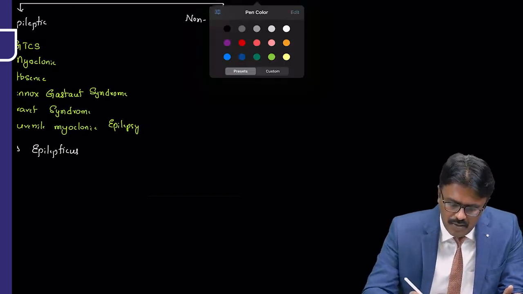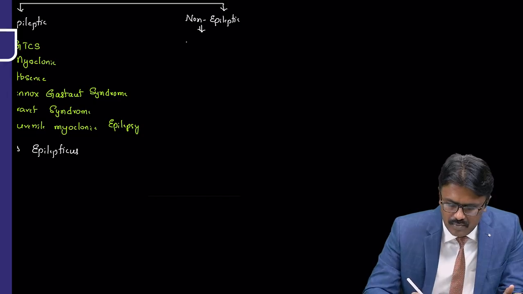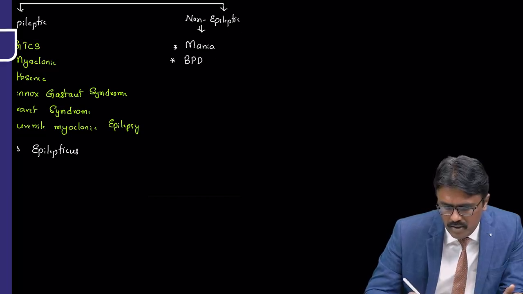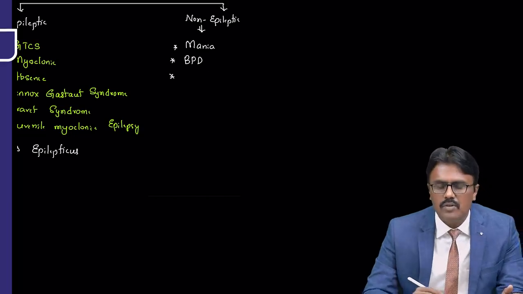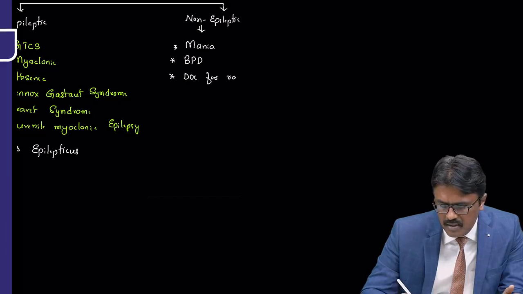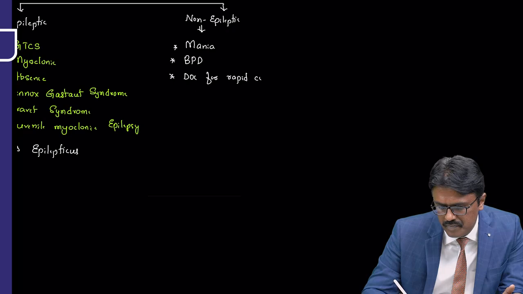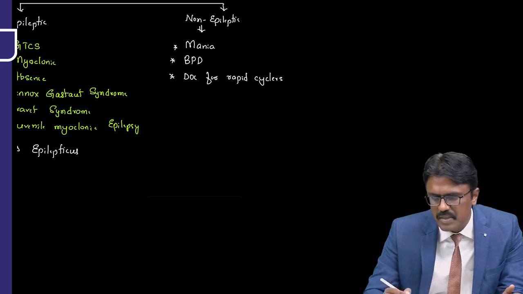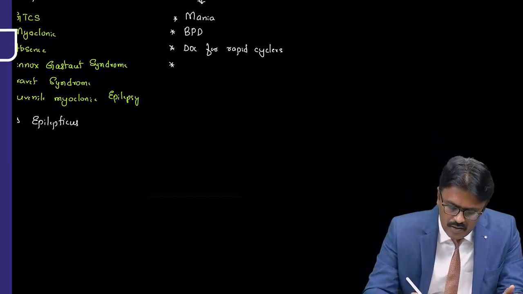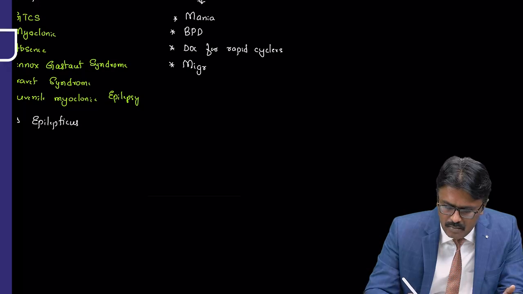What about non-epileptic uses? It is used in mania. It is used in bipolar disorder. And also it's the drug of choice for rapid cyclers. So rapid cyclers in bipolar disorder, it's the drug of choice. It is also used in a prophylaxis, that is migraine prophylaxis.